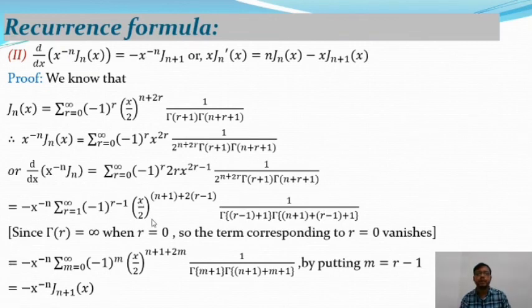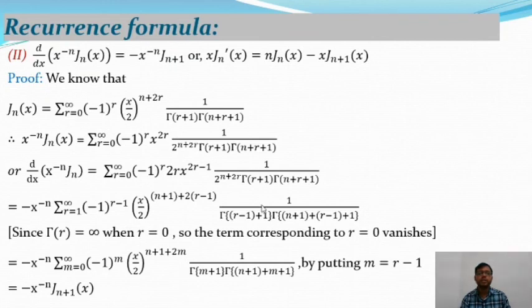Therefore, the above equation is reduced to minus x^(-n) into the summation over m equal to 0 to infinity. So in that case, r-1 is equal to m. So (-1)^m into (x/2)^(n+1+2m) into 1 by gamma(m+1) into gamma(n+1+m+1).